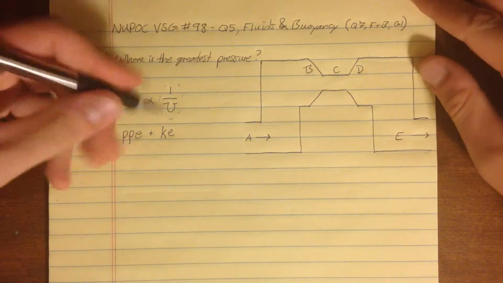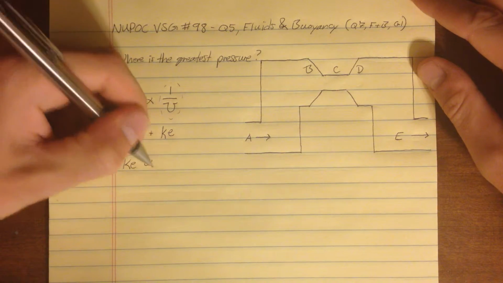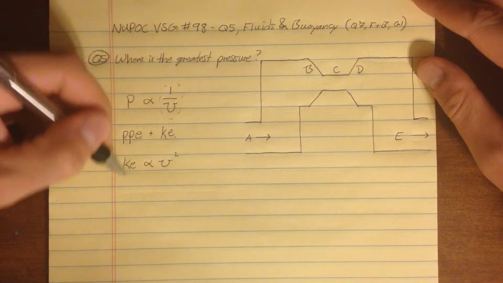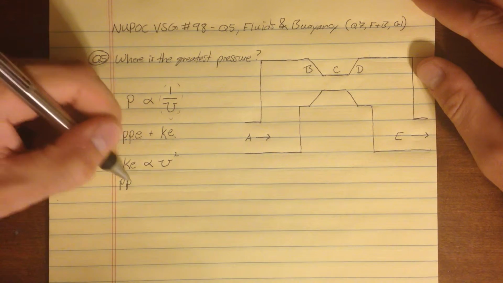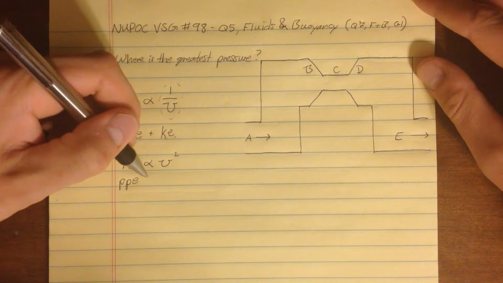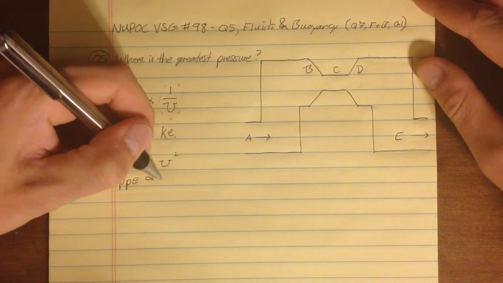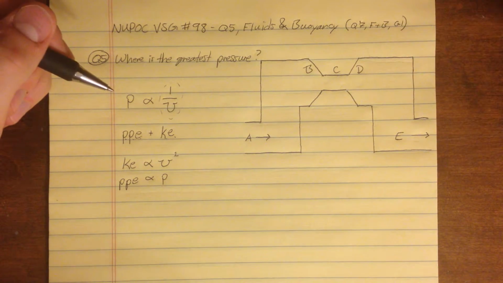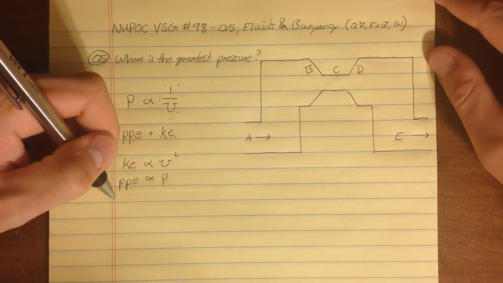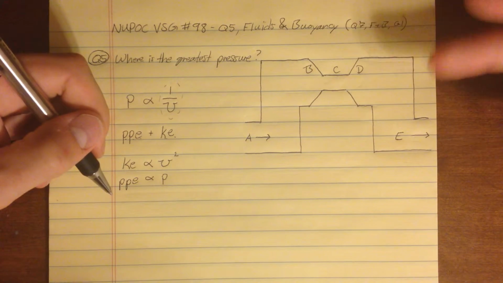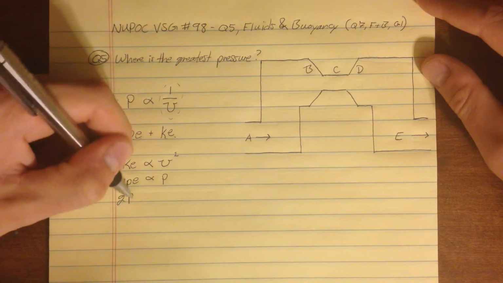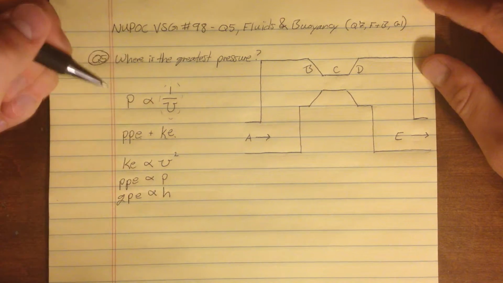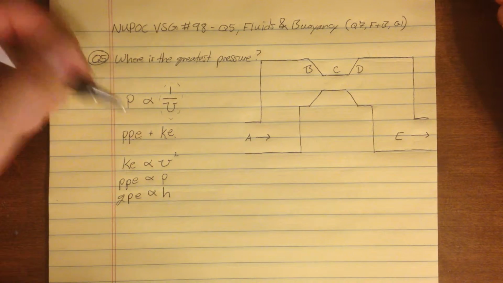So we can say that KE is proportional to the velocity squared, while the pressure potential energy is proportional to the pressure. And of course, we also have the potential energy due to gravity, the gravitational potential energy, and that's proportional to the height h.